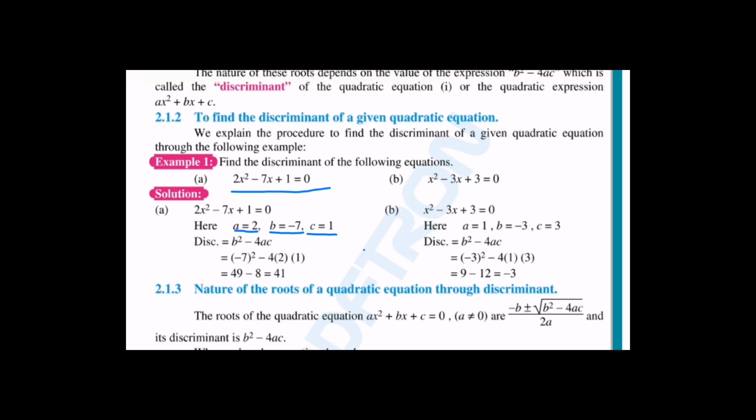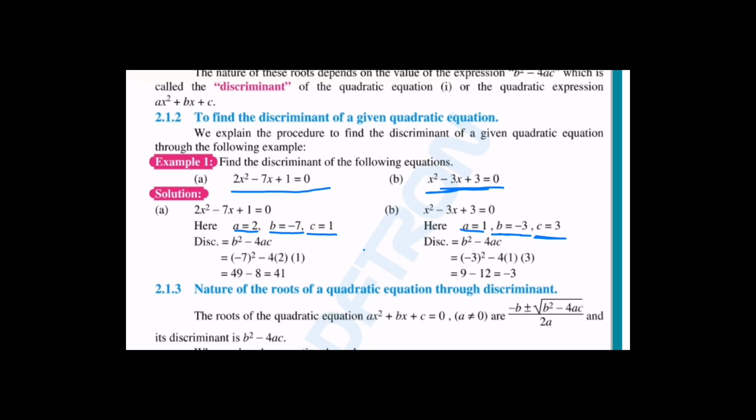Now the discriminant for x² minus 3x plus 3 is equal to 0. Here the value of a is equal to 1, the value of b is minus 3, and the value of c is equal to 3. Now the discriminant b²-4ac, putting the values, is minus 3 whole square minus 4 into 1 into 3.